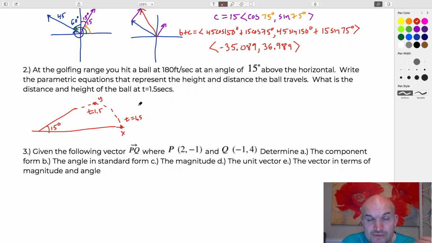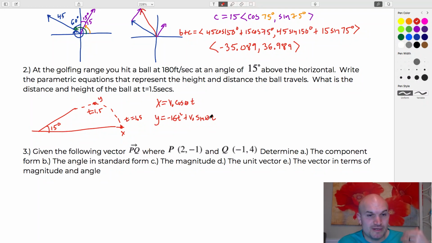So the first thing we have to do is create our parametric equations. Now, this is something I did give to my students, so they wouldn't have to figure out where these equations came from. I gave them the basic equations for parametric equations of particle motion. If these are something you're not familiar with, the x component would be v sub 0 times the cosine of theta, t, where t represents time, x represents horizontal distance, and y equals negative 16 t squared plus v sub 0 sine of theta, t.